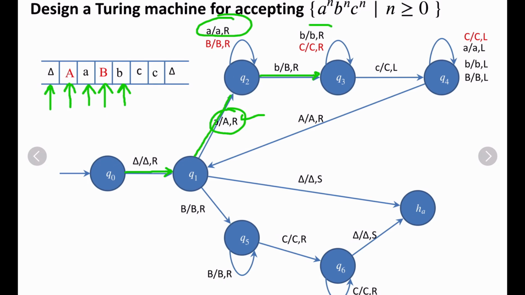You have to use this configuration: read that small b, replace that small b by small b itself, and move one step to the right. Then when you get the small c, you read small c, change it to capital C, and move one step to the right.